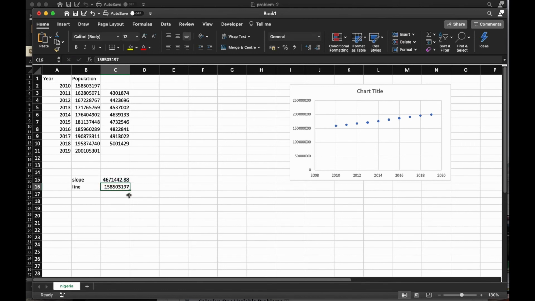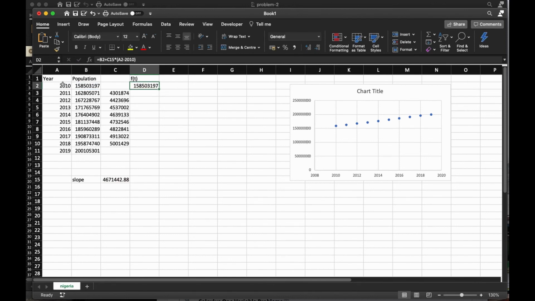Sorry, let's forget this for the time being. Let me write in the formula. Here we are going to have our approximation formula, f of t. For every year, we put this number plus the slope times the year minus 2010.